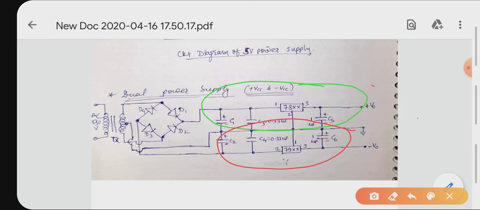Here you will get plus VCC output, here you will get minus VCC output. Okay, so common rectifier circuit is used, common transformer circuit is used, full wave bridge rectifier is used, and center tap transformer is used, which is given as a ground. You can see ground connected to this line.